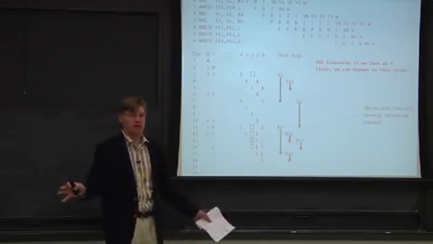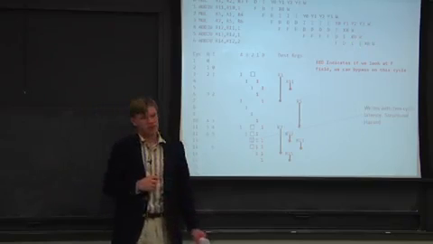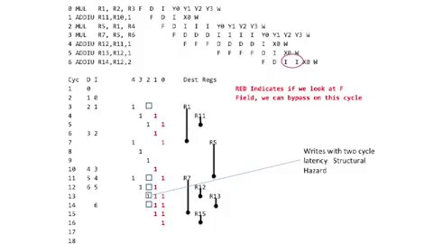So that value is ready. But for some weird reason, this instruction stalls. Can anyone see what's going on with that instruction? All of its inputs are ready. It's ready to go, but it doesn't issue.